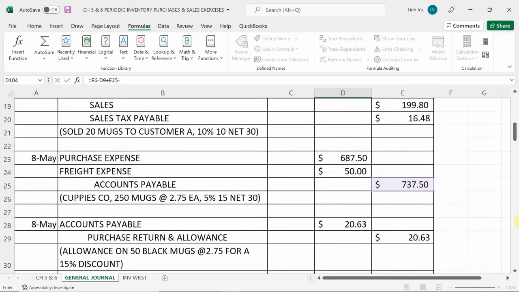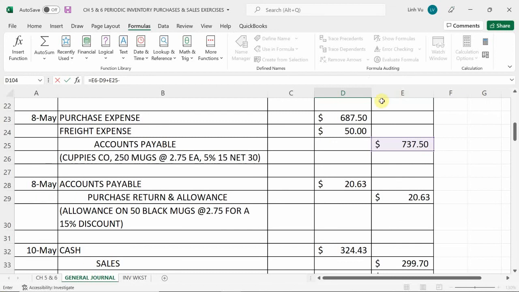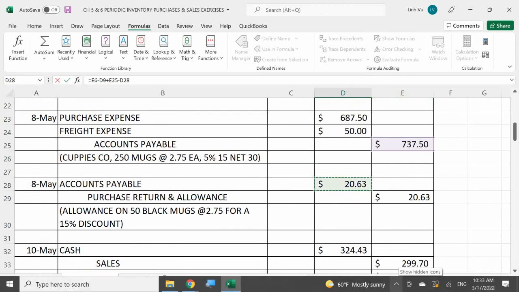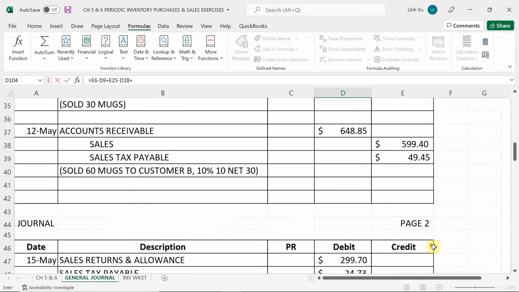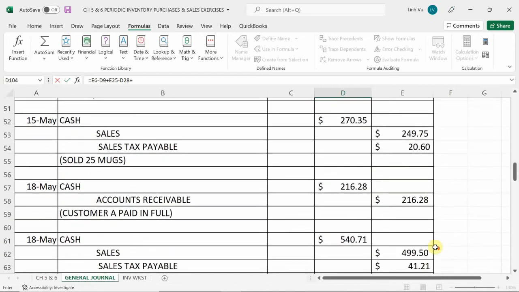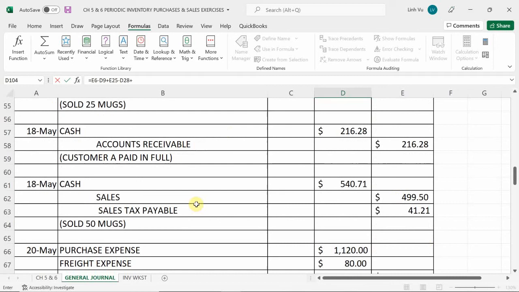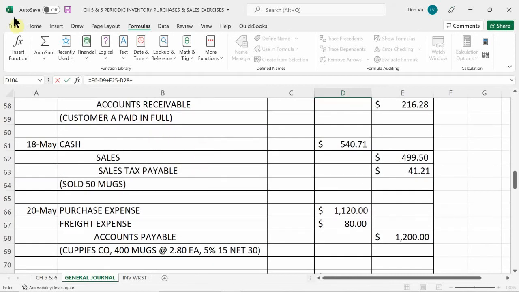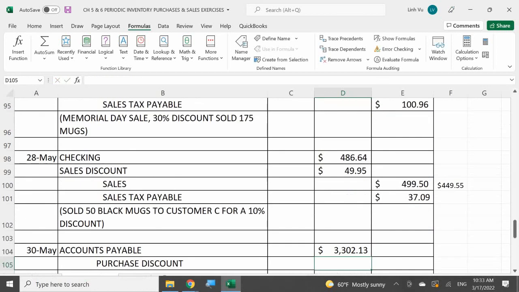However, I end up getting an allowance for $20.63. And then my last batch of inventory that I purchased was on May 20th, which increased my accounts payable by another $1,200. So that should give me a grand total of $3,302.13 that I owe to Cuppy's Co.